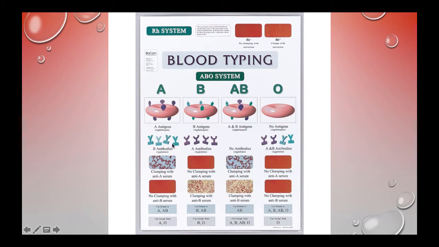Then there's the antibodies. If you are type A, obviously you don't produce type A antibodies, because then your own blood would clot because your antibodies would bind to the antigens. This is always a little bit confusing for students, but try to remember this in terms of your antibodies.